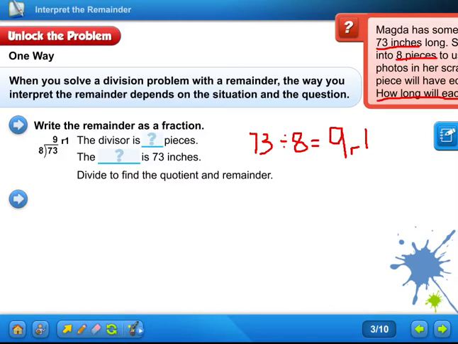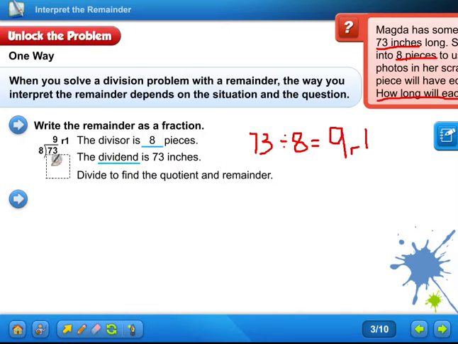So what is the divisor? How many pieces do they want? The divisor is 8 pieces. The other number is 73. What do they call that number? The dividend. Divide to find the quotient and the remainder.